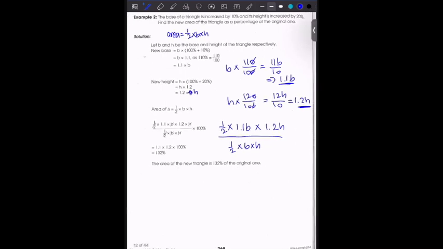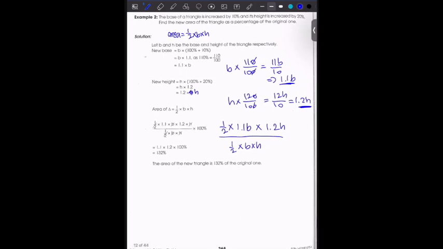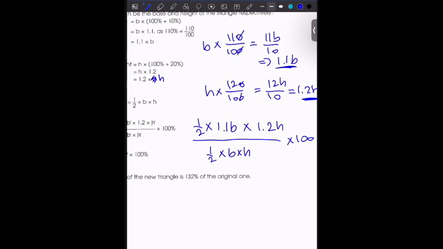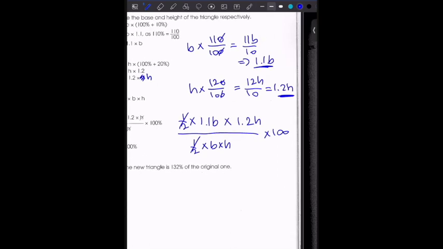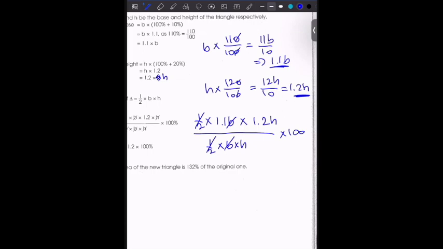And then we're going to compare it to the old triangle. Since we're finding the new area of the triangle as a percentage of the original one, we're going to multiply by 100 so that we can find the difference as a percentage. Then since we're dividing the same thing by itself, we're just going to cancel those out. So we have B, which can be canceled out, and we can also cancel H out.